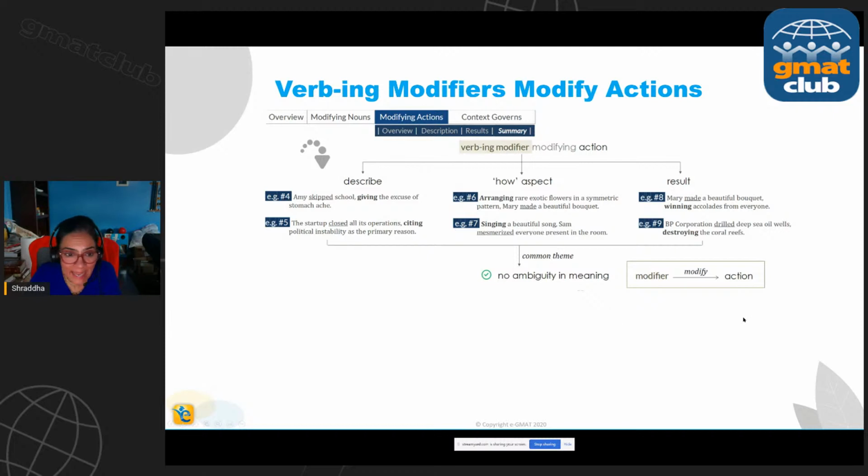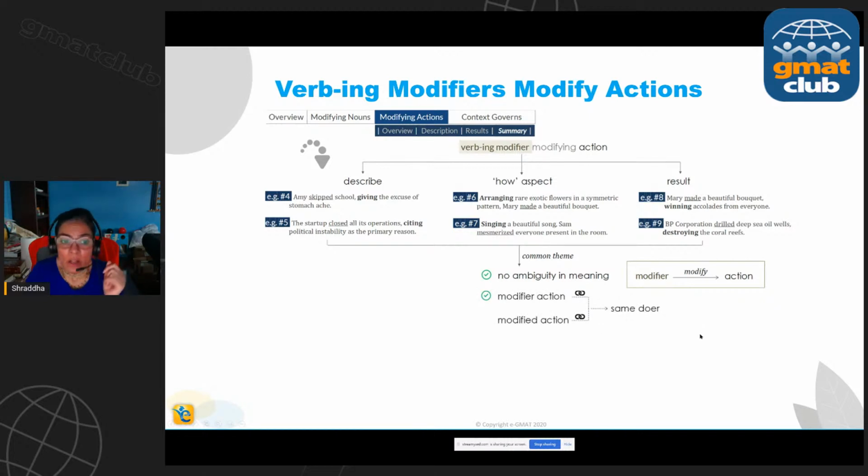Okay. So, once again, if you study all these sentences, you will understand that none of the modifiers bring about any ambiguity in the meaning. The meaning is absolutely clear. They make sense in modifying the action that they are talking about.